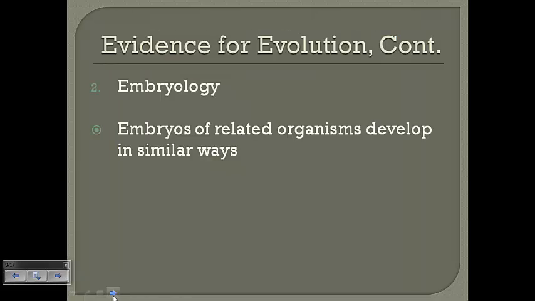The second piece of evidence that shows that we have relatedness with other organisms is something called embryology. So embryos are developing organisms before they're considered a full-grown newborn. So before they're able to be hatched or to be birthed, they're still developing into their structure, whatever it is they're going to be.